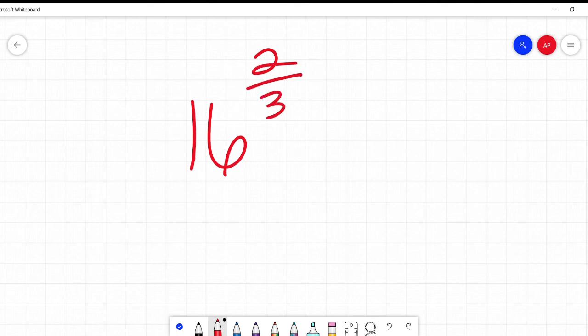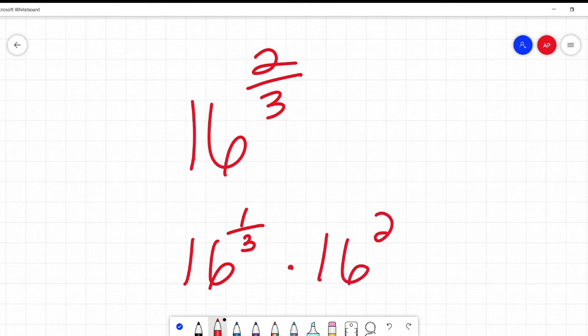What if it's this? Well, let's think back to what we were doing before. Okay, so 16 to the power of 1/3 times 16 to the power of 1/3.